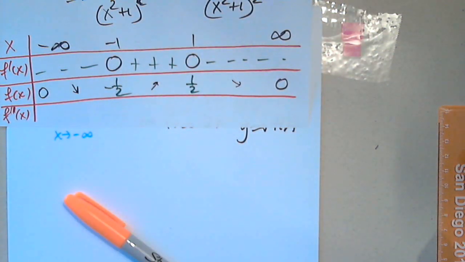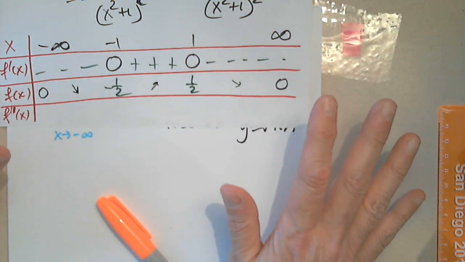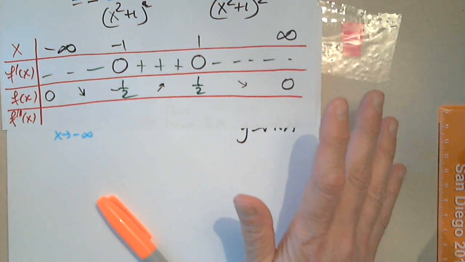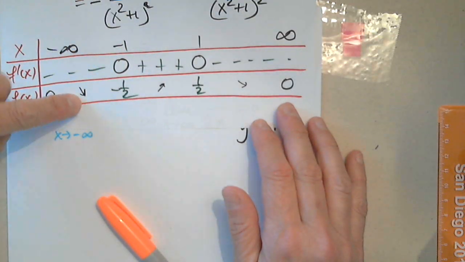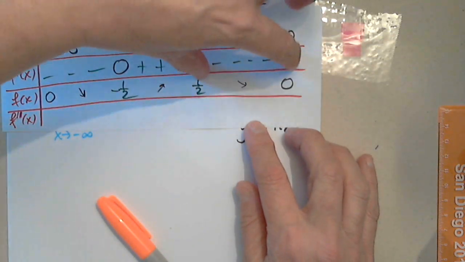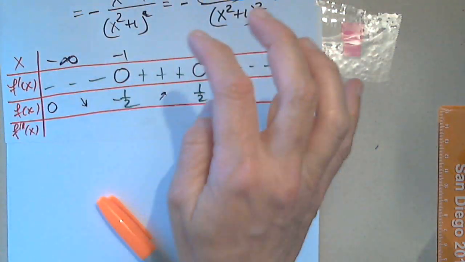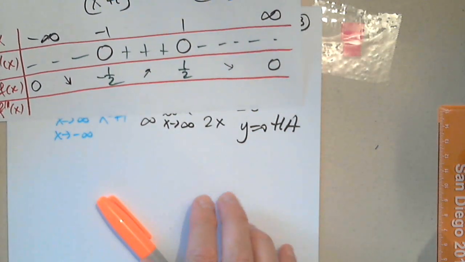Now, the problem is asking us to find intervals of increasing and decreasing. You do not have to write them again on paper, because you told me. You're showing me that the function is decreasing between these two, union between these two. So between negative infinity and negative 1, union 1 to infinity, the function is decreasing. You don't have to write it on the side.